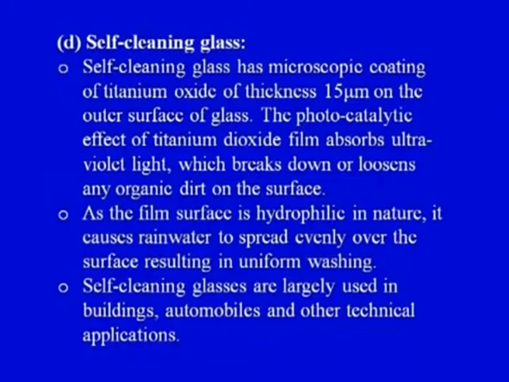Why do we put this coating? The photocatalytic effect of titanium oxide film. So, we have a titanium oxide film coating of the order of 15 micron on the outer side of the glass. Why have we put this thin film? The photocatalytic effect of titanium oxide film absorbs ultraviolet light, which breaks down or loosens any organic dirt on the surface.